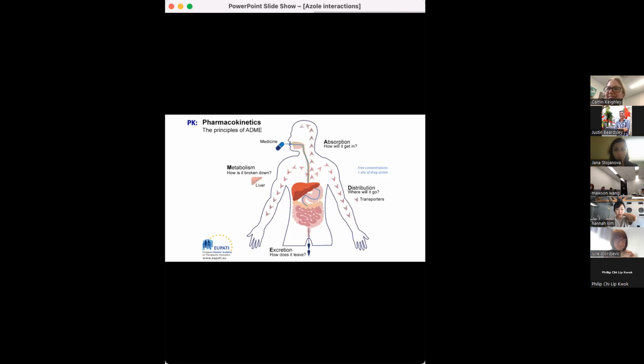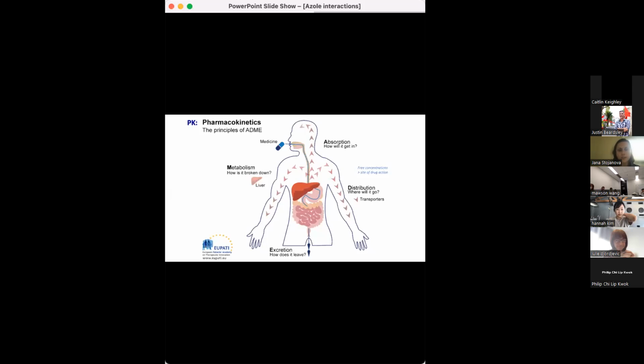Also, both endogenous and exogenous compounds are substrates of these enzymes and transporters, further contributing to the variability of systemic concentrations in drugs that are involved in these pathways. Distribution refers to how the drugs spread throughout the body, and some drugs are confined to the fluid space while others penetrate into tissue.